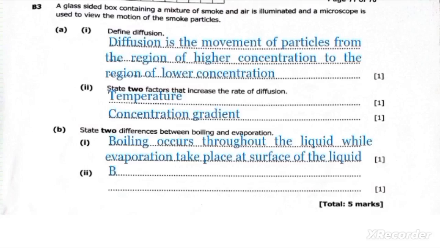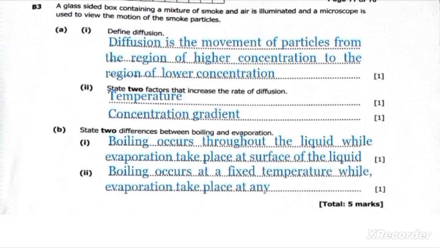Difference number two, boiling occurs at a fixed temperature. So for boiling, there is a temperature we call the boiling temperature. So boiling occurs at this exact temperature. Then evaporation takes place at any temperature. So we have answered question B3.